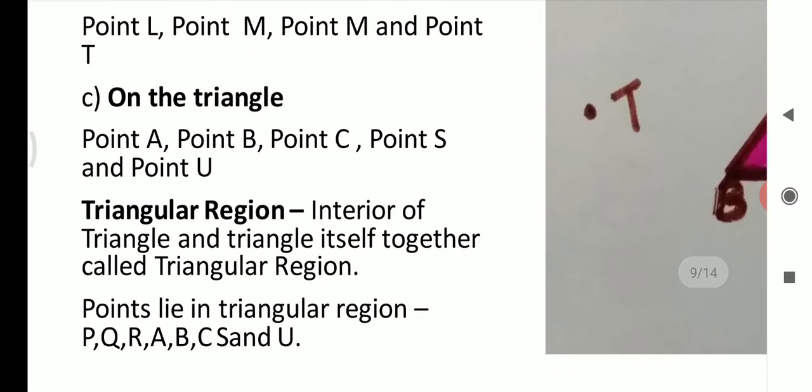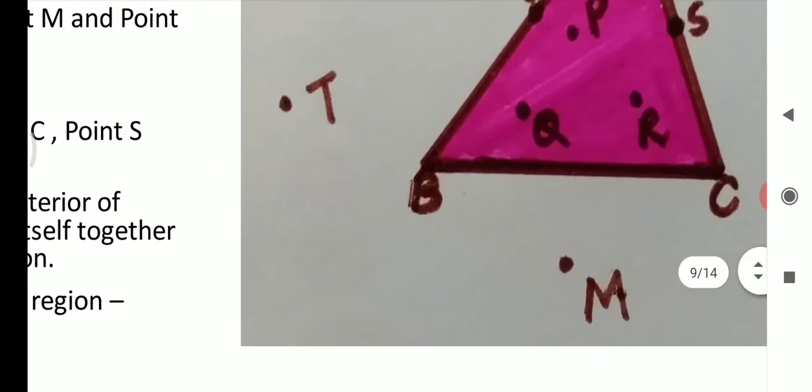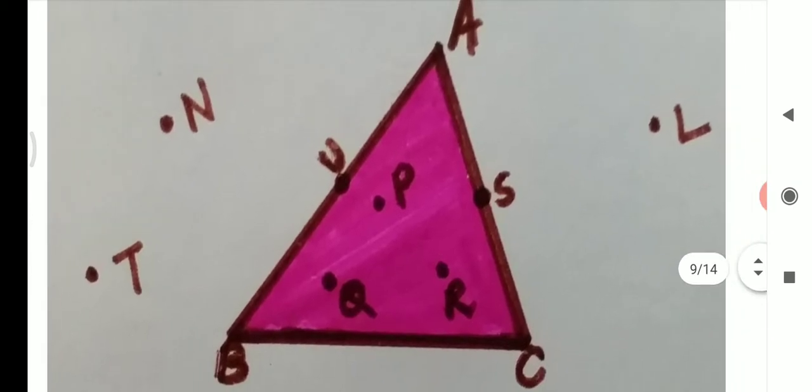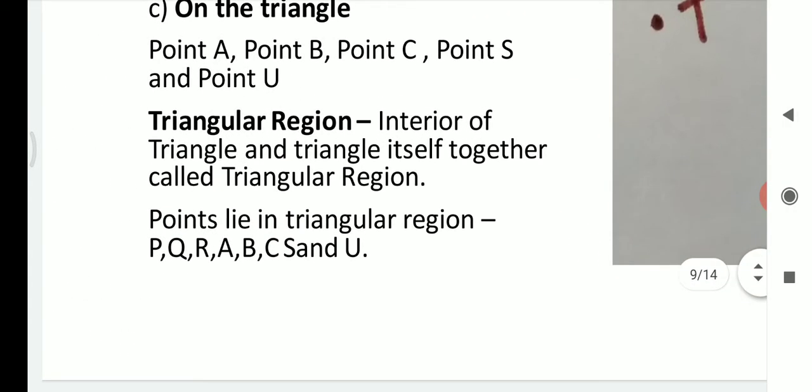The interior of the triangle and the triangle itself together are called the triangular region. It means the points lying in the interior of a triangle as well as on the boundary of a triangle form the triangular region. The points that lie in the triangular region are P, Q, R, A, B, C, S and U.